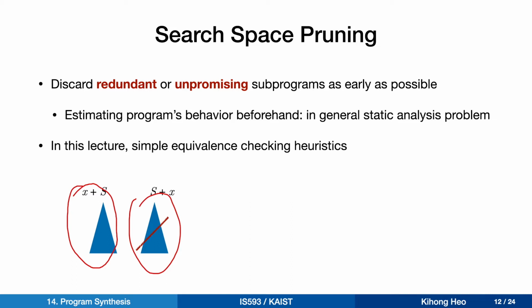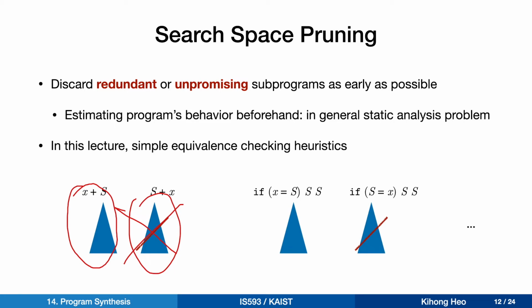So we can discard one of them. Same as here, we can discard one of them. As you can see, all the programs, when we search through this space, will be the same as this part on the right hand side. So we will discard this thing.